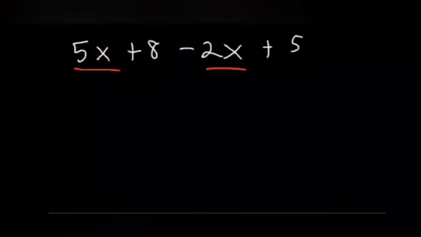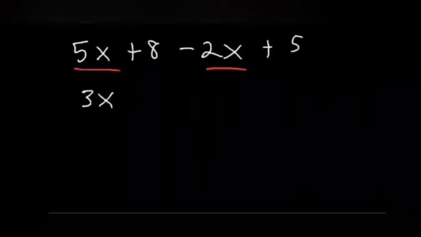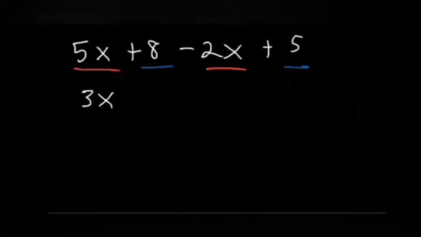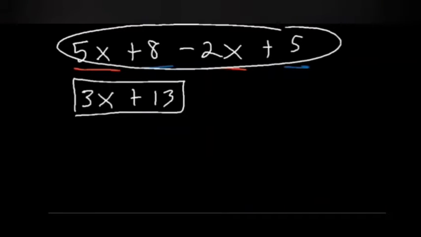Now 5x minus 2x gives us 3x, and 8 and 5 are like terms. 8 plus 5 gives us plus 13. You can see that the expression above has been simplified to give us 3x plus 13 as our answer.